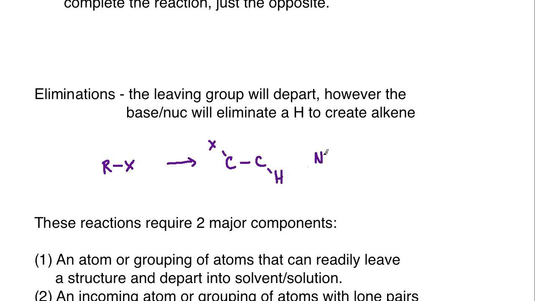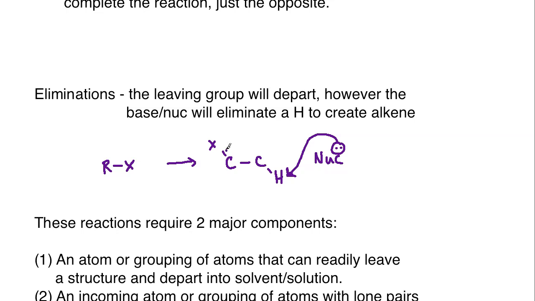And when you have the nucleophile, nucleophiles are also going to be bases. And given certain conditions and setups, that nucleophile may end up acting more like a base and removing a hydrogen than it does as an actual nucleophile to come in and substitute.